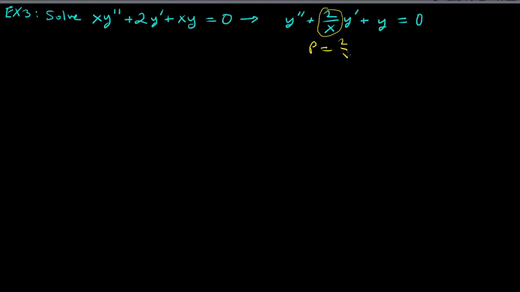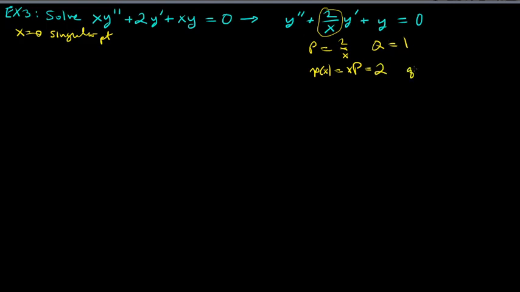So x equals 0 is our singular point. And by the way, q of x is just 1, so that's analytic, no problem there, but our capital P is not. Our lowercase p, we have to multiply capital P times x, and so that's just 2. 2 over x times x is 2, and that's analytic.